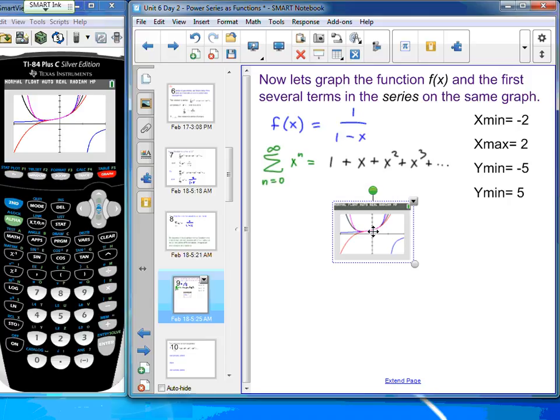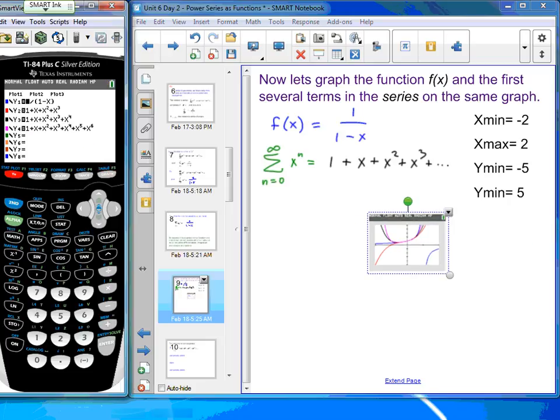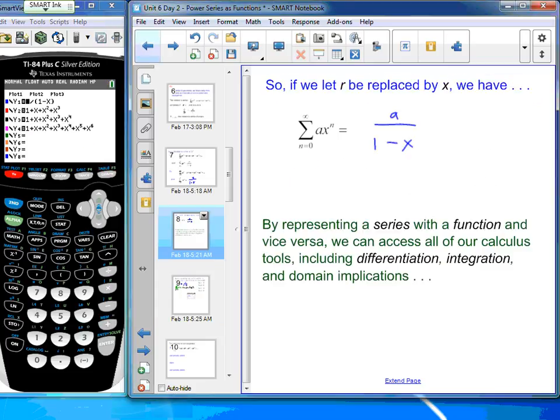Okay, and so what we're going to do now is determine the interval of convergence. We already know that my geometric series converges when the absolute value of r is less than 1. Guess what? This then converges for all values of x, so long as the absolute value of x is less than 1.